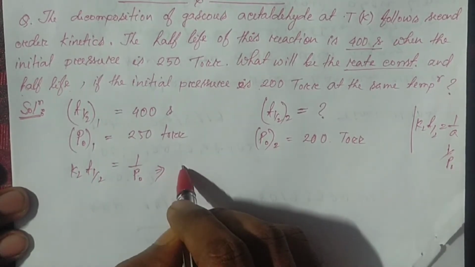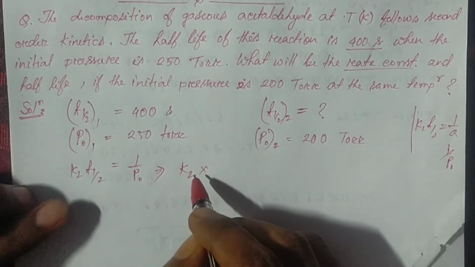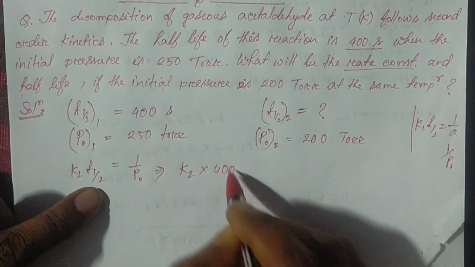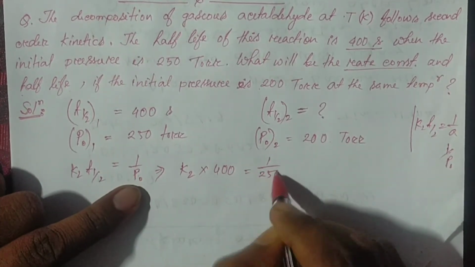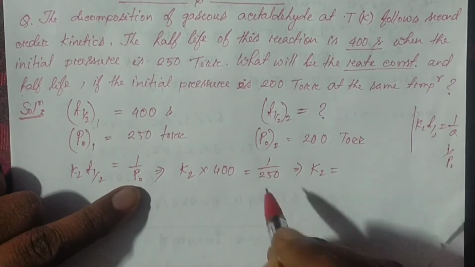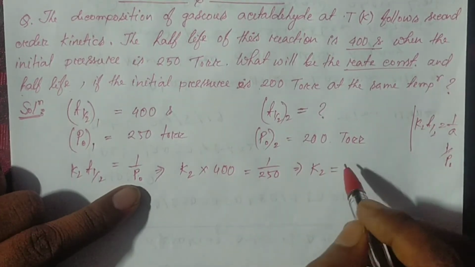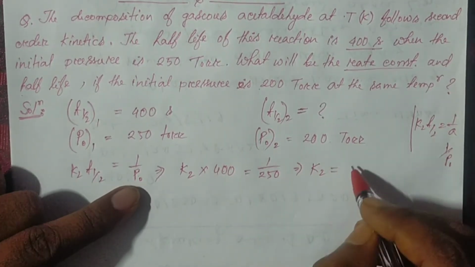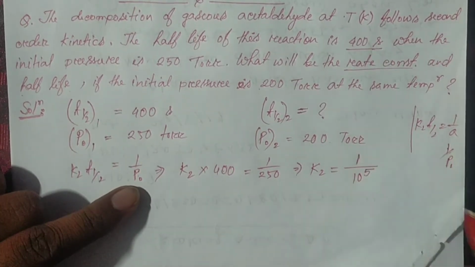We can write that k2 into t half is 400 and p is 1 by 250. So k2 is equal to 1 by 400 into 250, it will be 10 to the power minus 5.